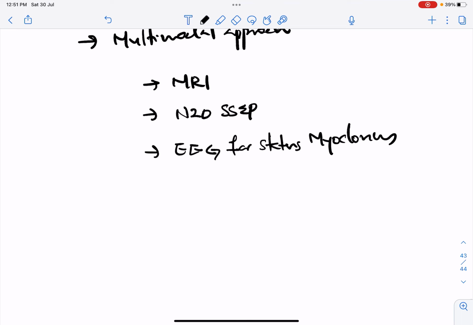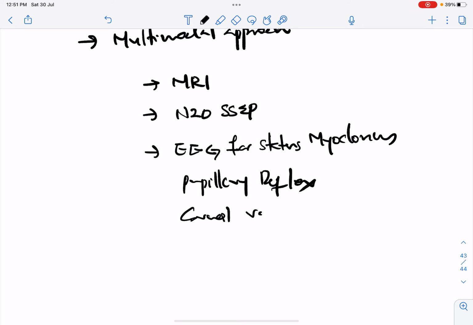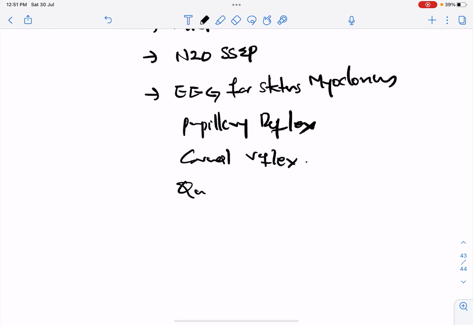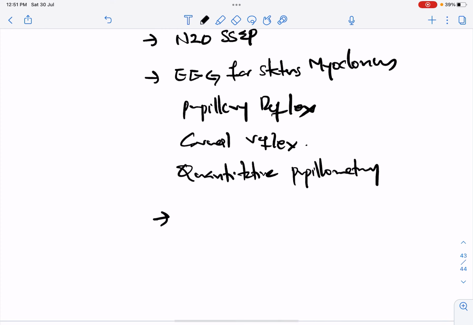And our clinical examination skills like pupillary reflex, corneal reflex, quantitative pupillometry, and also a serum biomarker called serum NSE.